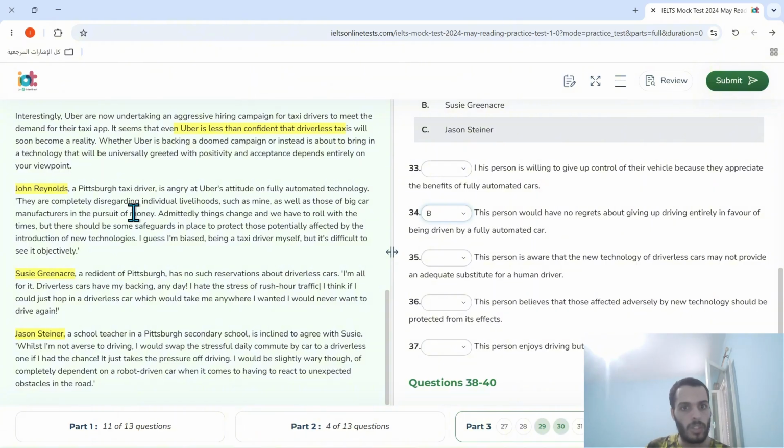And they do fully automated technology, they are completely individual life, such as mine, as well as big car manufacturers of the big industry.